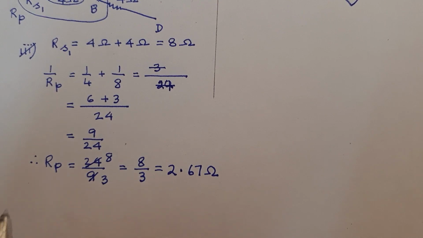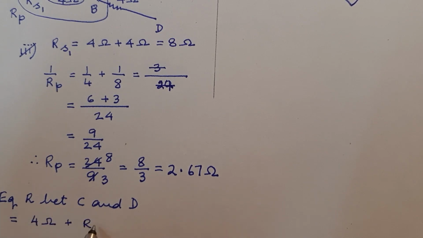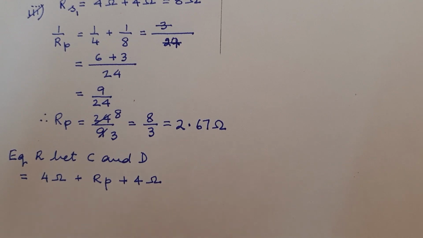So we shall say the equivalent resistance between C and D is going to be equal to 4 ohm plus Rp plus 4 ohm, which will give us 4 ohm plus 2.67 ohm plus 4 ohm.